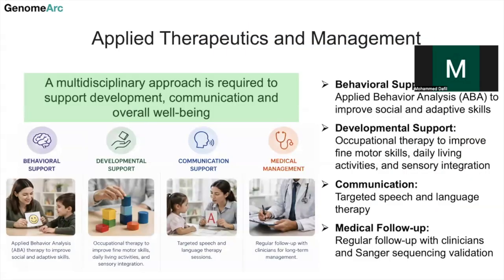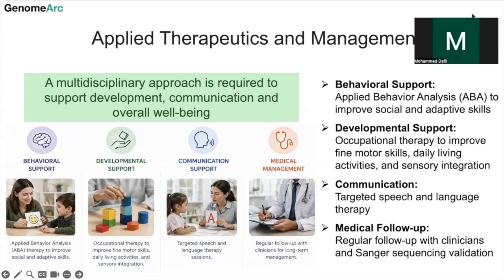So basically, therapeutic and management approaches include a multidisciplinary approach. There is no drug at this moment, but behavioral therapy and developmental support are very important because they present their clinical presentation very early on.